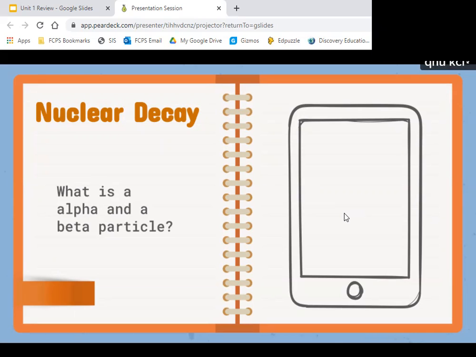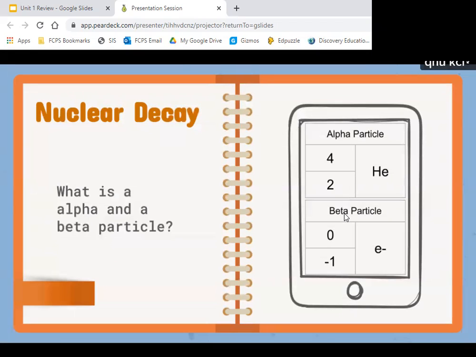Electron. Perfect. There's your picture. So you have probably seen this on the Gizmos website itself. We have the helium as the alpha particle, which has a mass number of 4 with an atomic number of 2. And we have the electron, which has 0 mass with -1 as its charge. Yes. Alpha particle is always helium. Beta particle is always electron. That's always how it is.